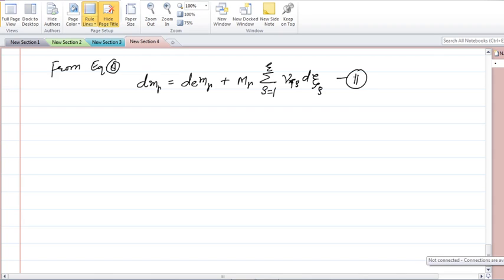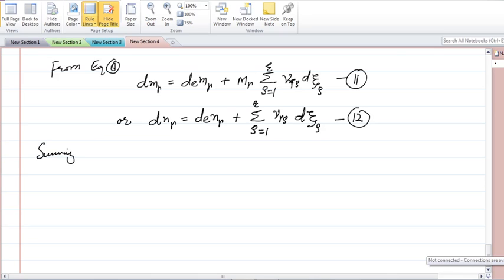So suppose this is equation number 11. Or we can write in terms of number of moles as dn gamma will be equal to d_e n gamma plus, because we divide throughout by the molecular mass of the gamma component, summation rho is 1 to R, nu gamma rho d zeta rho. So this is equation number 12.